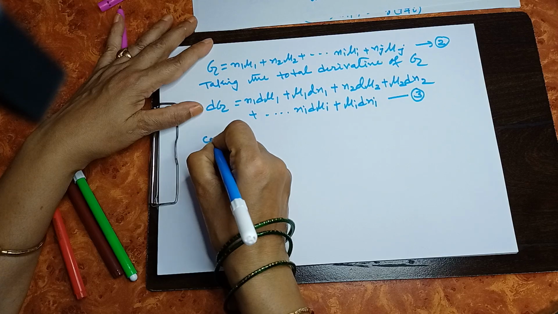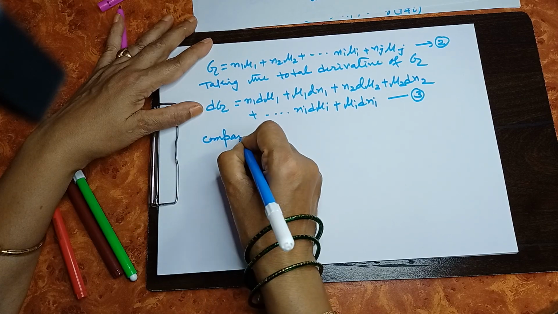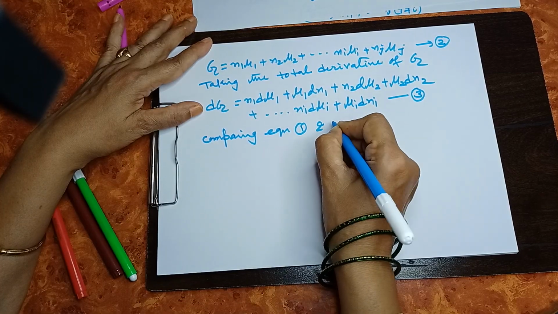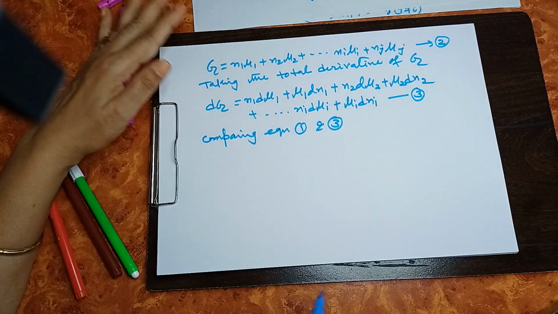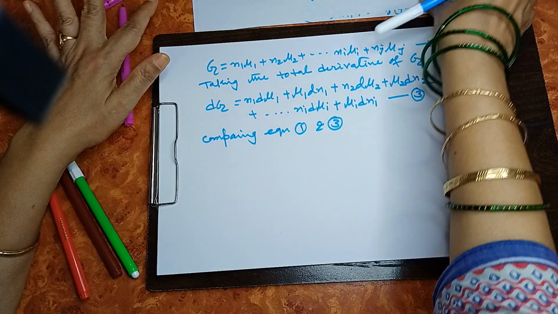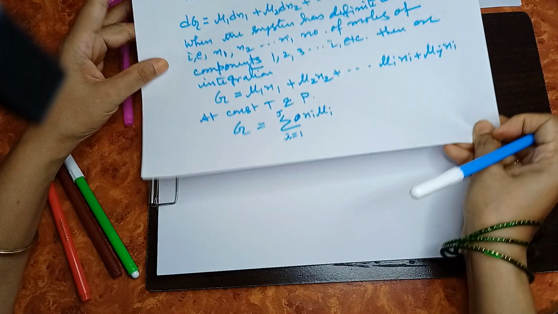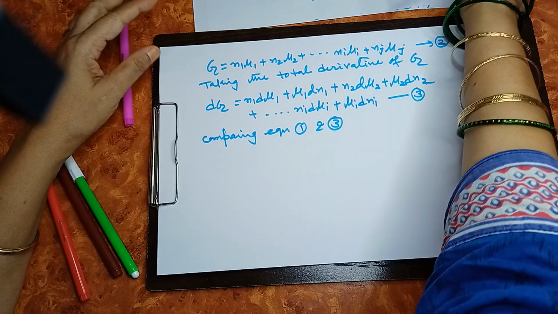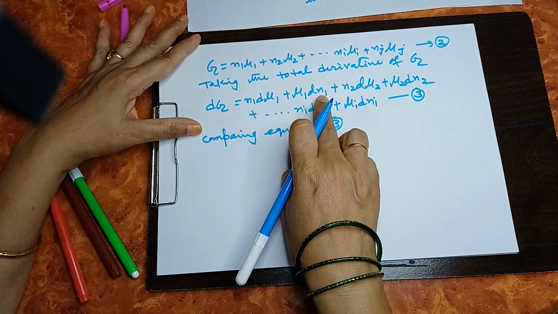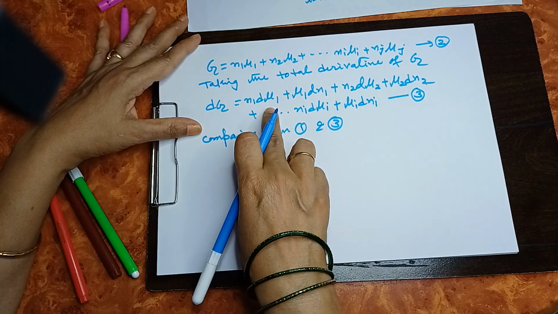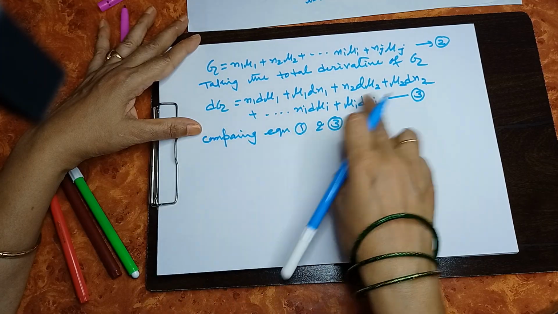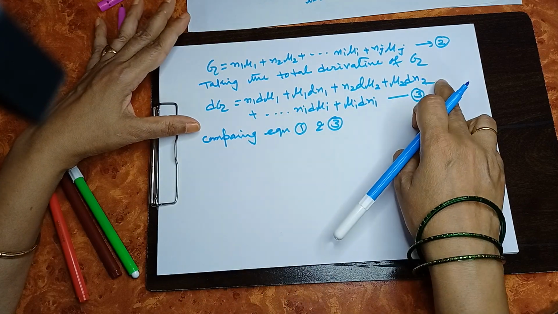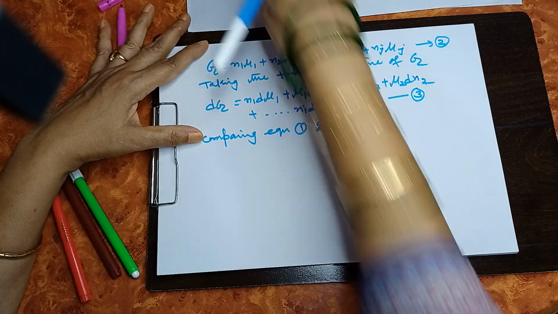So comparing equations 1 and 3, both are equal. Equation 1 has mu 1 dn1 plus mu 2 dn2. Equation 3 has mu 1 dn1 plus mu 2 dn2 plus n1 d mu 1 plus n2 d mu 2. So in place of the mu 1 dn1 plus mu 2 dn2 part, I can write this dG.